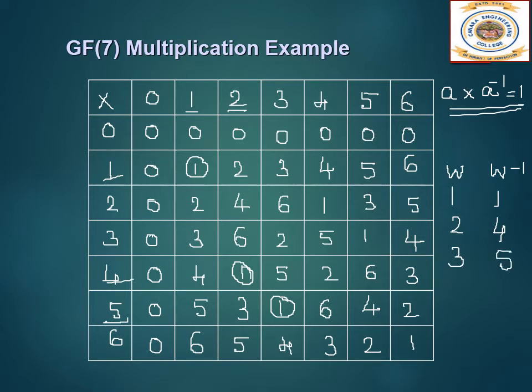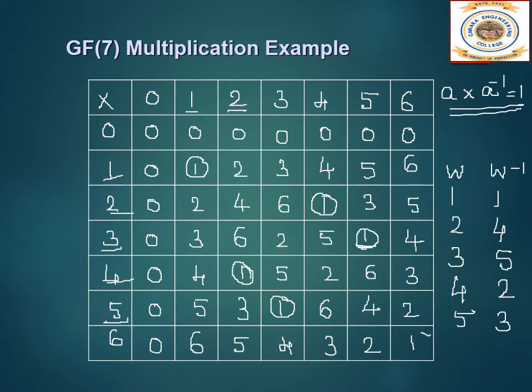Coming to 4, when do I get 1? With what is the corresponding element? It is 2. So the inverse of 4 is 2. If I take 5, I get 1 entry over here. For which particular element do I get 1? For 3. So the inverse of 5 is 3.